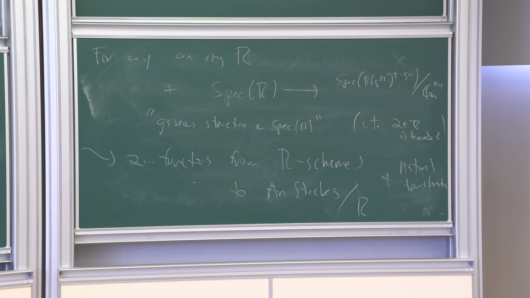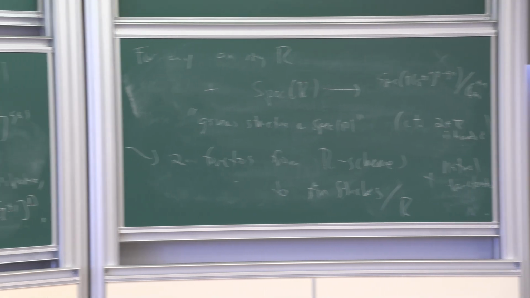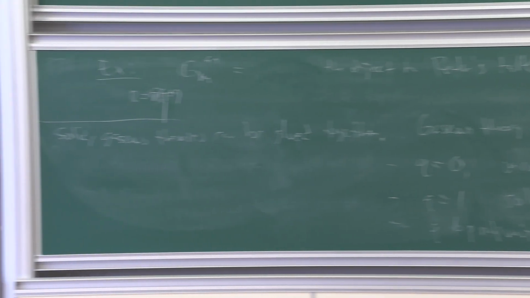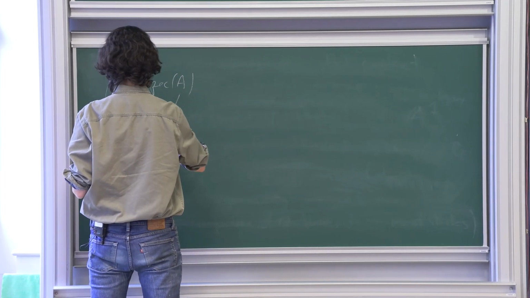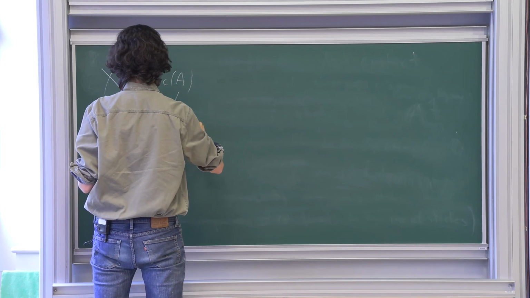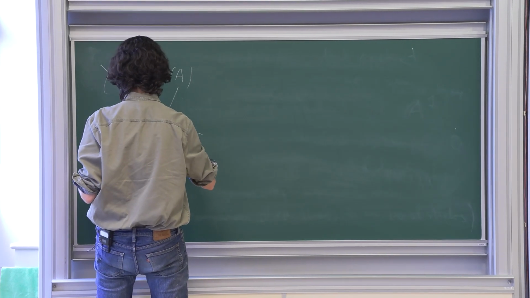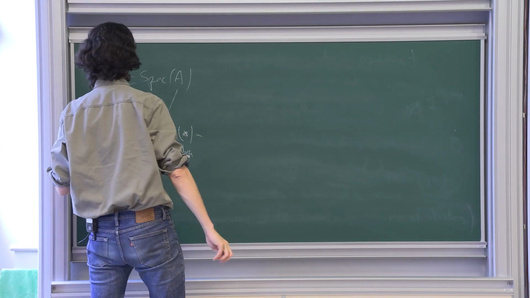So namely, you get X to X. Well, let's say X is spec A. So A is an R algebra, or R underline algebra.